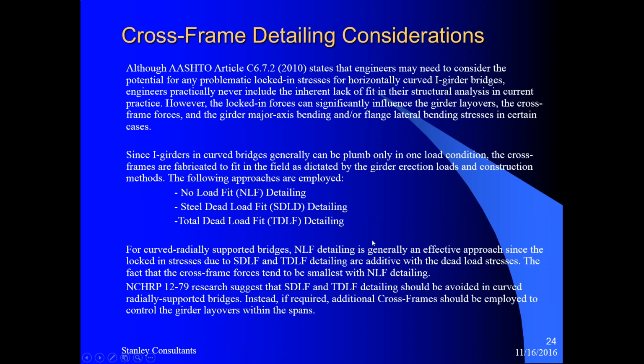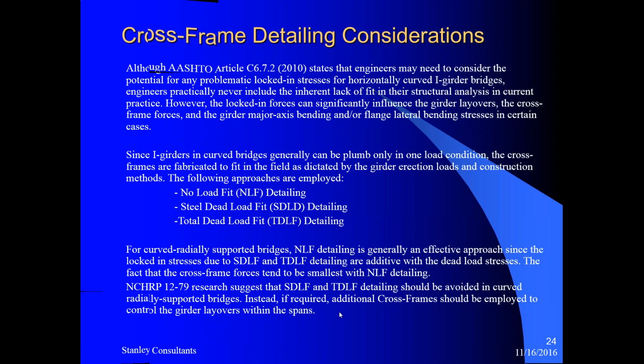And if there is layover in the middle of the span, then instead of using these other two methods, additional cross frames could be employed to stiffen the girder so that the girder layover is minimized. And of course, you can always put in a temporary support. So that's the recommendation of the report.